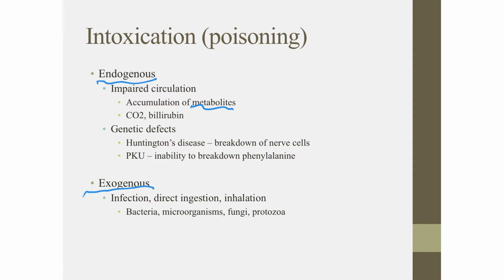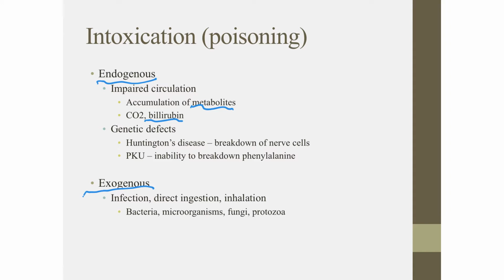We can also see this in the case of bilirubin accumulation. Bilirubin is a byproduct of red blood cell breakdown, and it is a pigmented type of endogenous component. And when there is insufficient excretion due to low bile production or liver damage or some sort of obstruction in the bile pathway, we can see bilirubin build up in the circulation.